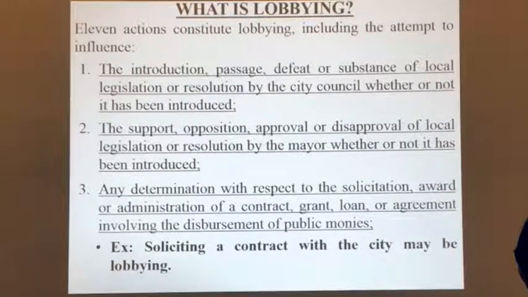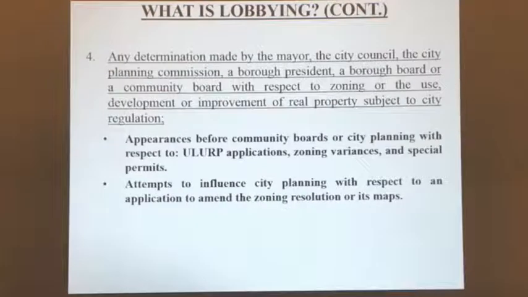That would be an attempt to influence a government official, specifically a city council member, with respect to the disbursement of public monies, specifically the discretionary funds that the city council member has and is able to distribute within their district. Okay, number 4 deals specifically with land use, right?